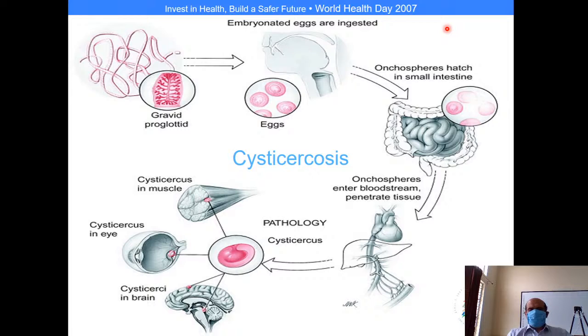The oncospheres hatch in the small intestine, then enter the bloodstream and penetrate tissues, and then it leads to pathology like cysticercosis. Cysticercosis can occur in muscle, in the eye, and in the brain.